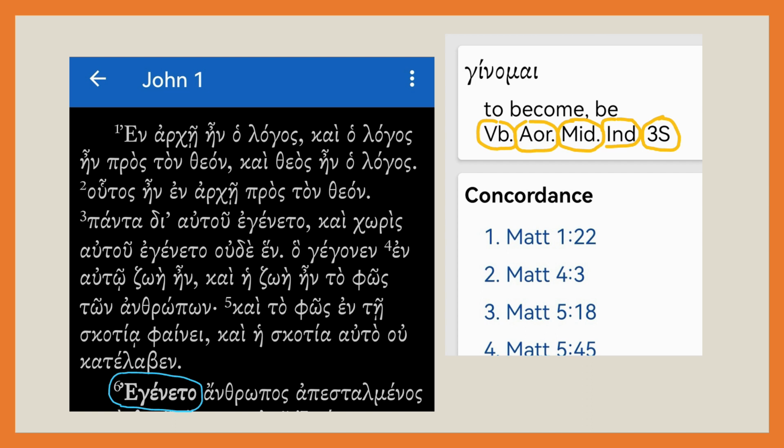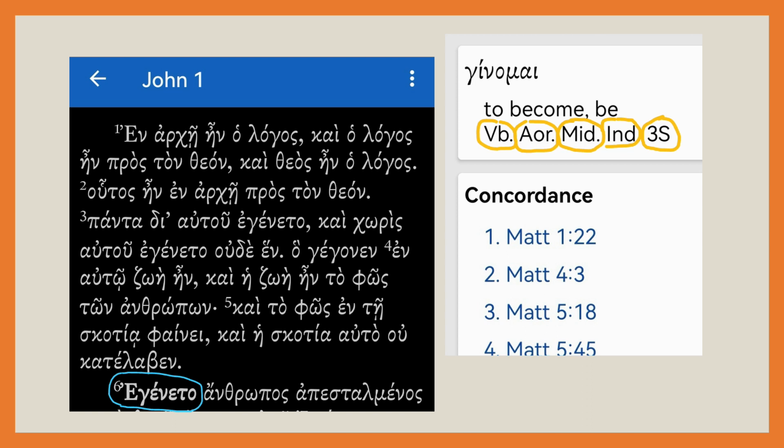But some concordances will show you all the occurrences of the word ginomai in all its forms. Others will show you how many times that word occurs in that form. So in this case, this concordance is highlighting the other examples that ginomai appears as an aorist, middle indicative, third person singular.